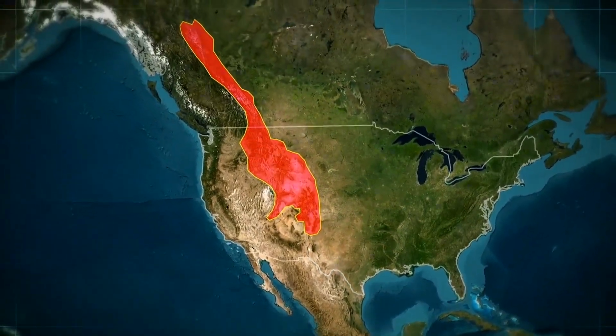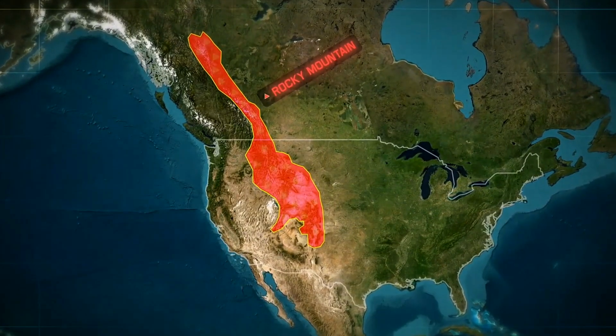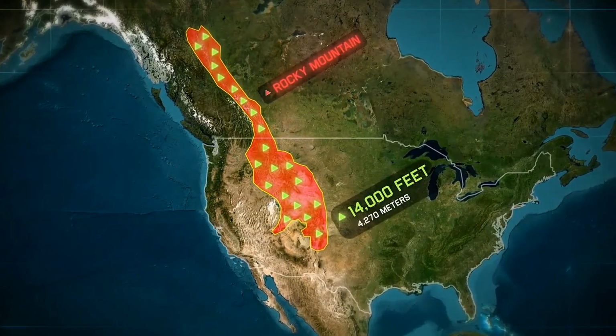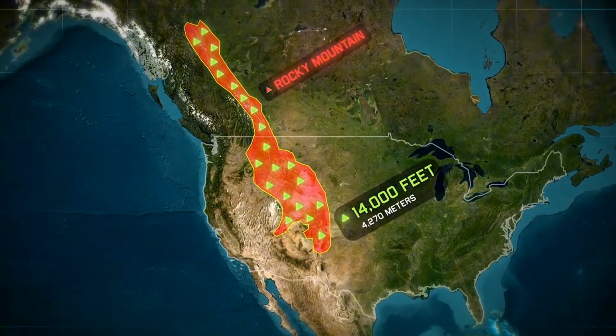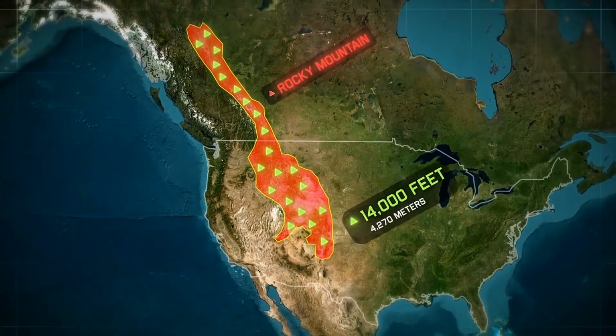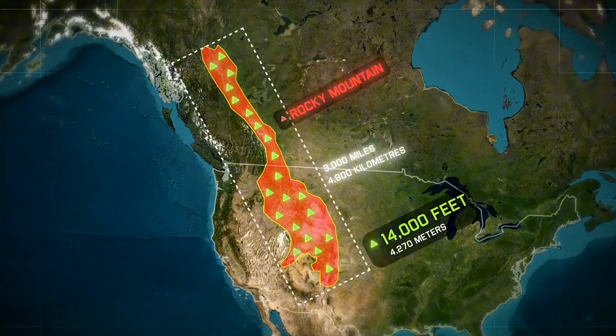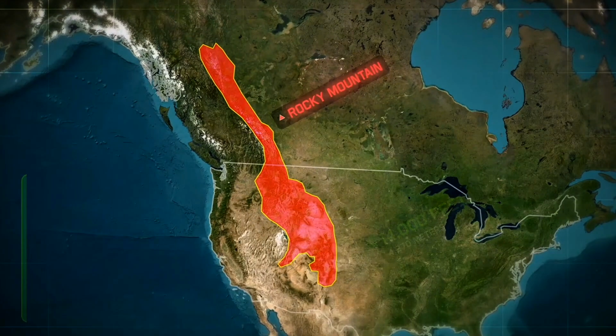As you go further west, you will reach the Rocky Mountains, an enormous and rugged mountain range with peaks rising up to 14,000 feet, which is 14,270 meters. The Rockies are a massive 3,000 mile or 4,800 kilometer corridor stretching from Canada to New Mexico, forming North America's easternmost, highest, and most rugged mountain belts.